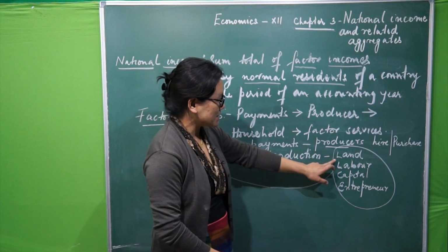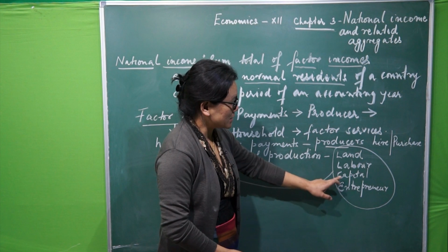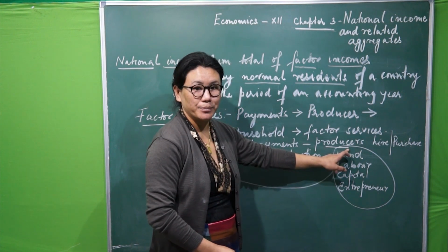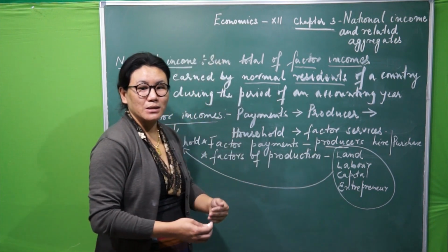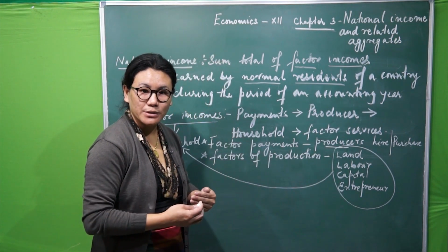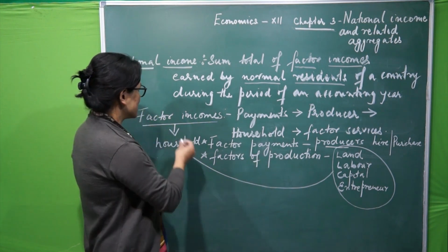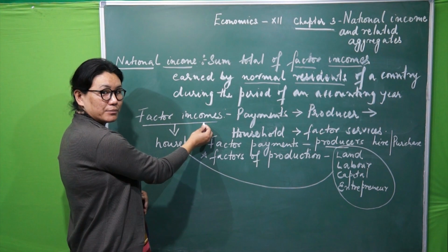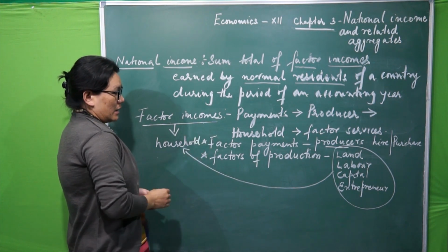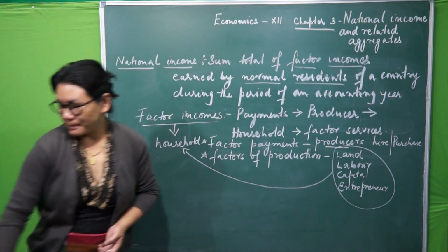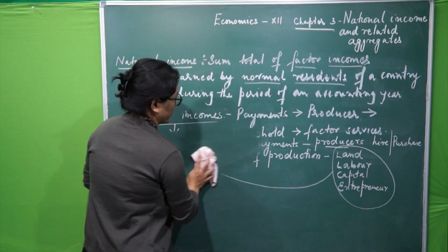Household is rendering these factor services to the producer. In return, they receive an income, and that income is called factor income.